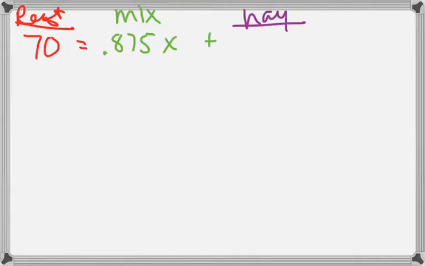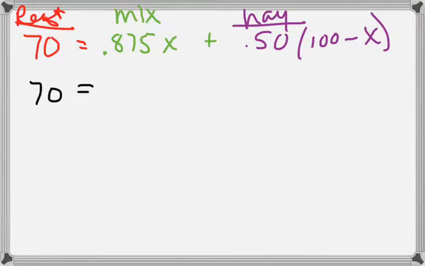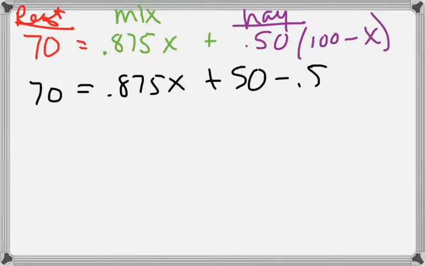That hay was 50% TDN, so it's 0.5 times 100 minus X. Now we have an equation that we can solve. It's just got the two feeds because we made that mix. So let's walk through how we solve it. 70 equals 0.875x plus 0.5 times (100 minus x).